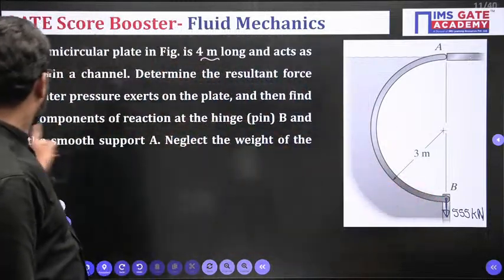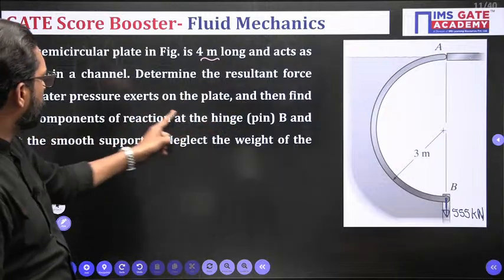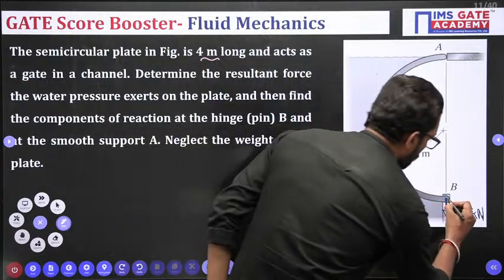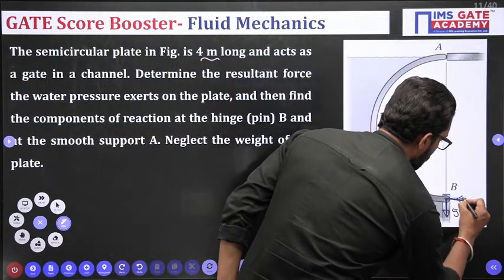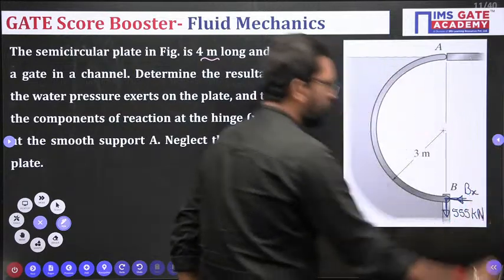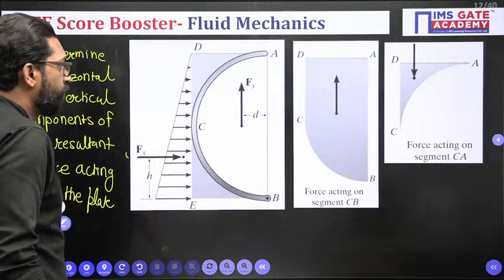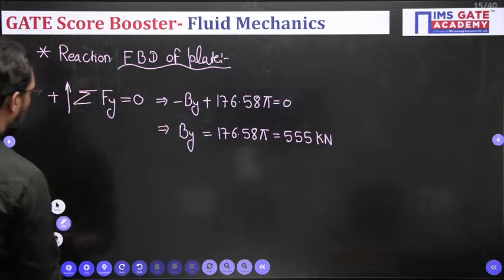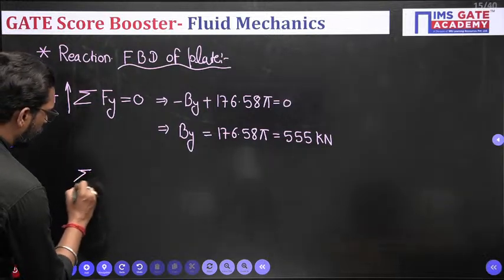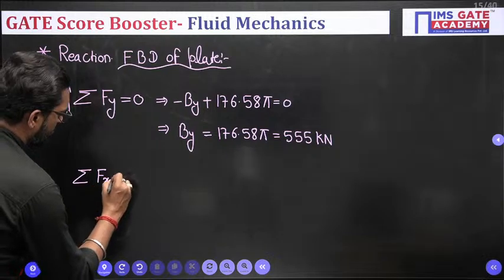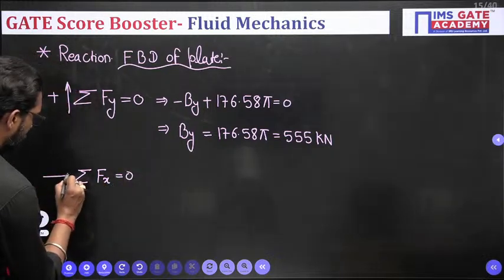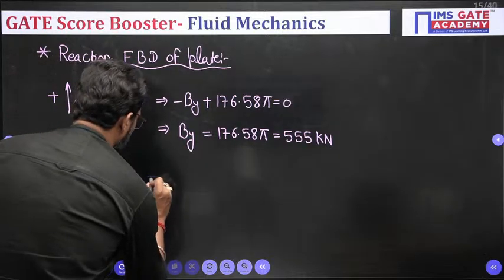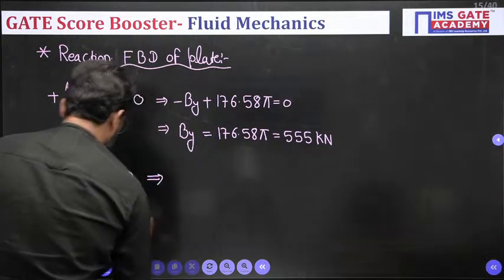They are saying to find the component of the reaction at the hinge, that means the pin at B. This is your Bx, so we have to find Bx also. Apply net force in the x direction equal to 0, taking right side as positive.